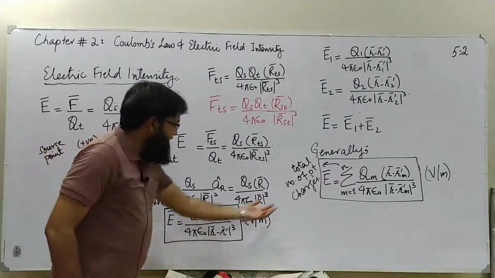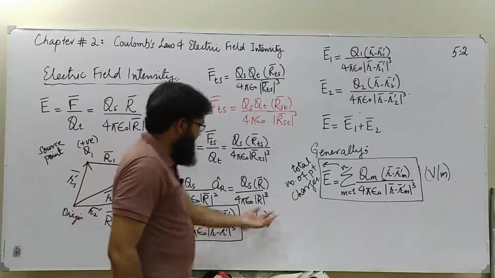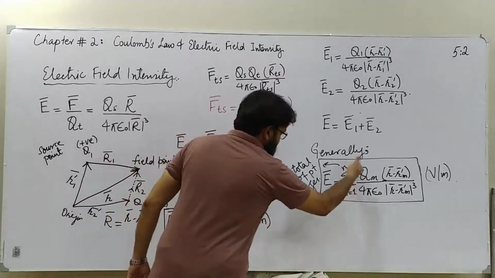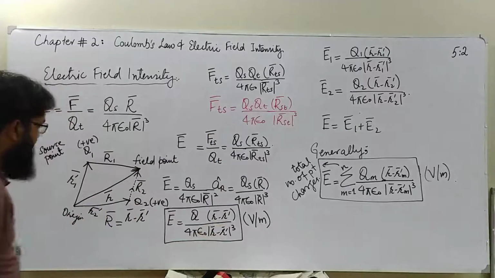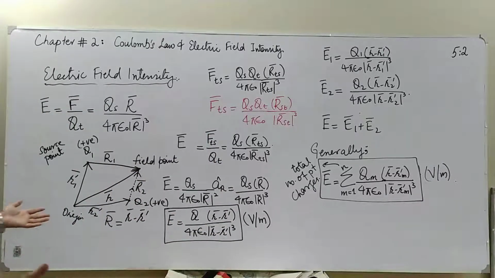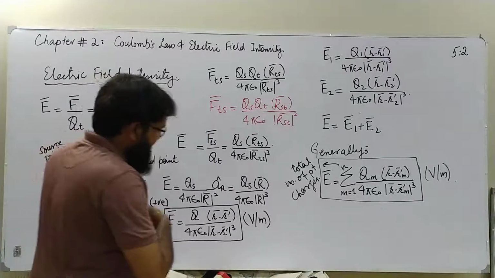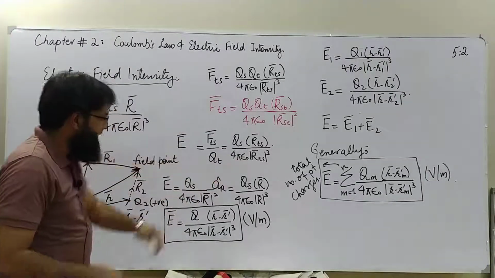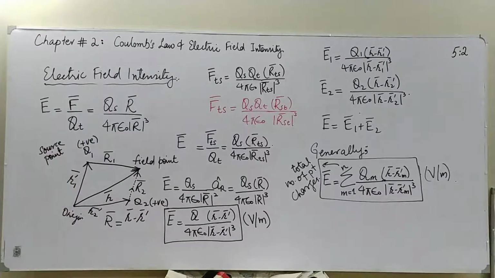The expression of the electric field intensity in both cases, for 1 point charge and for n point charges, is nice and clean and clear. We don't need any subscript to make it look complicated. So things are, I hope, quite clear.